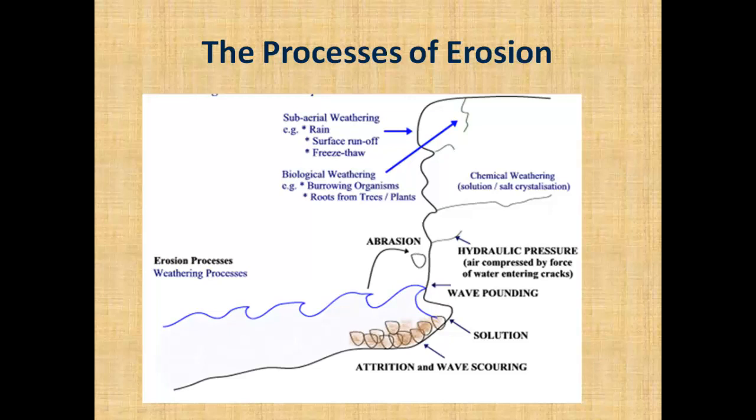You have attrition, which is the waves causing material to bump up against each other, causing material to break away. And then you have corrosion or solution, which is the acidity of the water eating away and dissolving material, which also causes erosion.